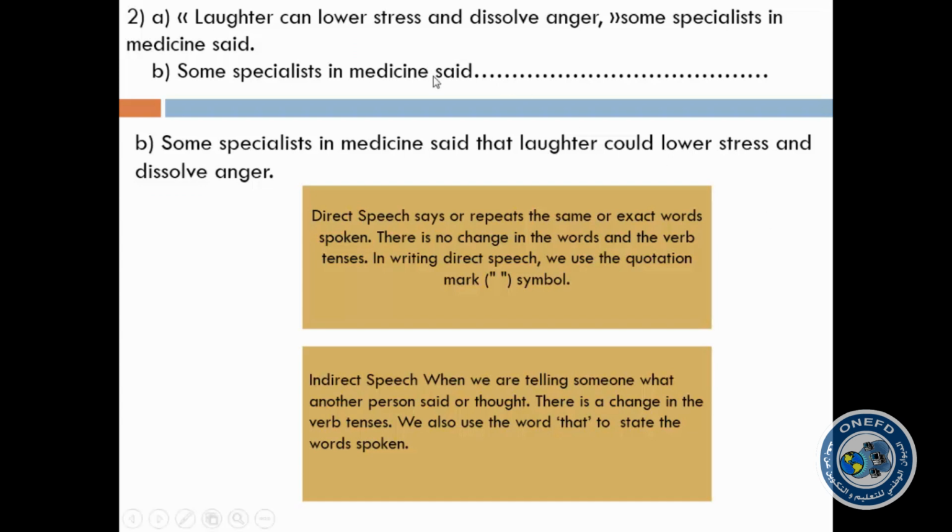Here we said that the introductory verb is in the past simple, so we have to change the tense of the indirect speech. But supposing the introductory verb was in the present simple, what would we do? For example, laughter can lower stress and dissolve anger.